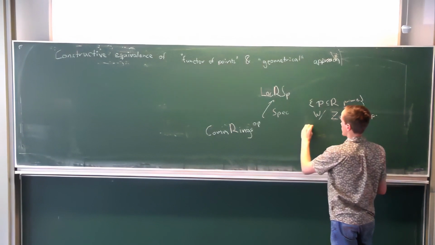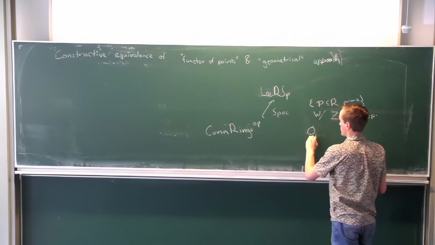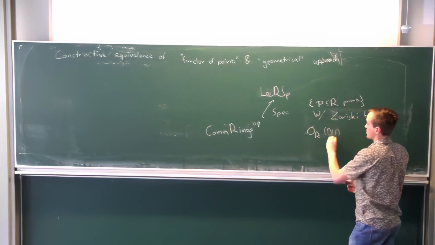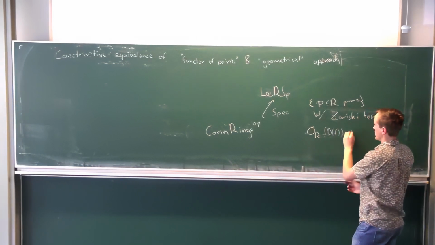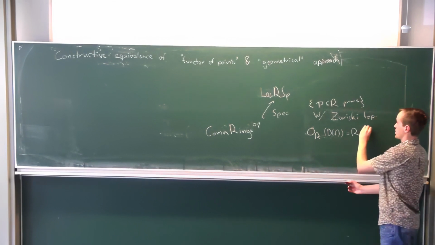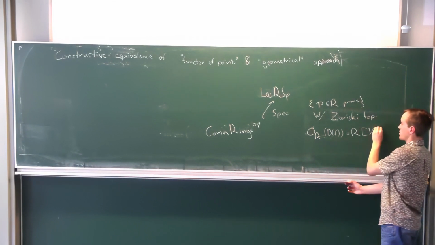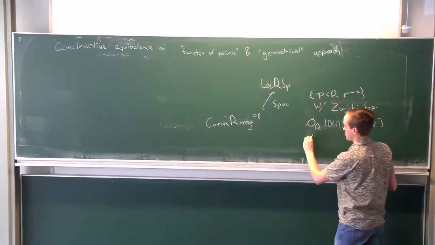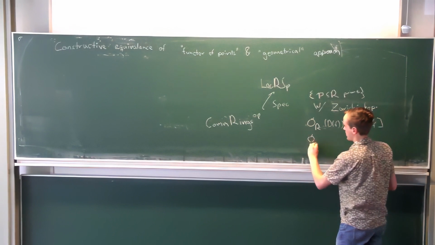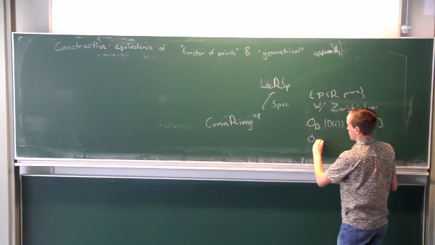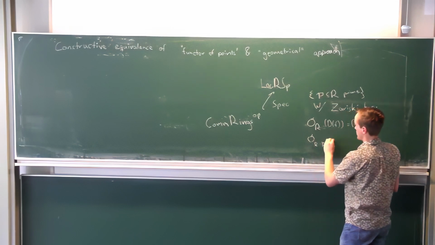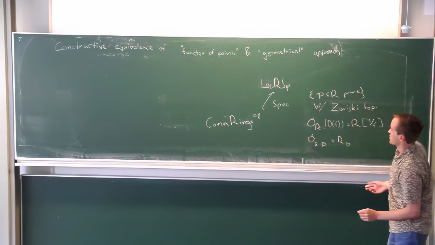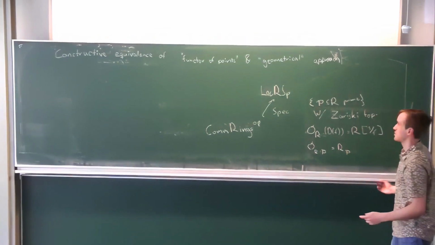Let's call this O_R, that on the basic opens of the Zariski topology gives you the localization away from a particular element, and then you compute the stalks. So O_R at some point P, which is a prime ideal, is R localized at that prime. That's local. So this is quite a lot that you have to do, right?